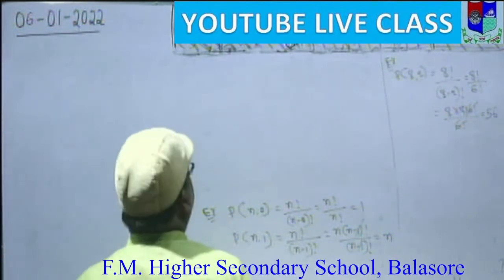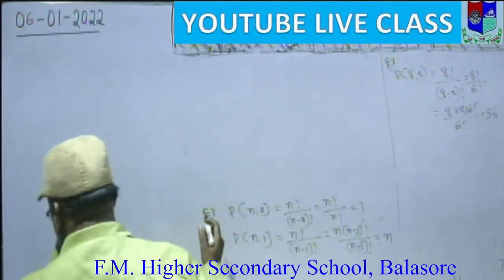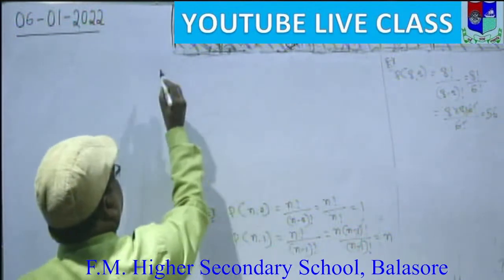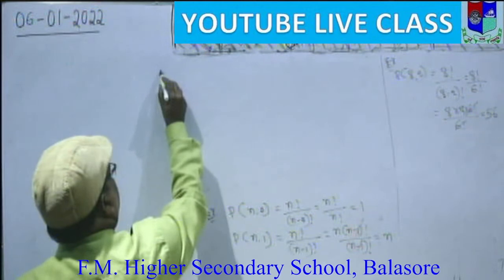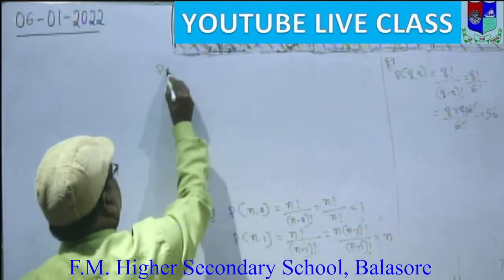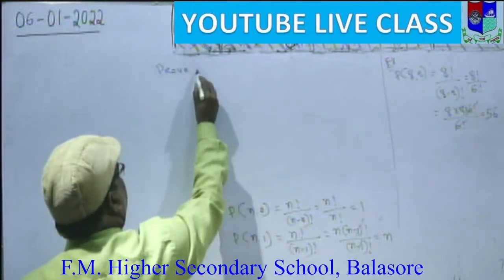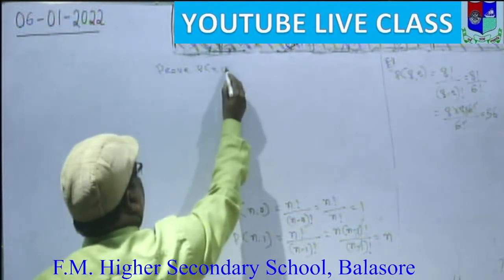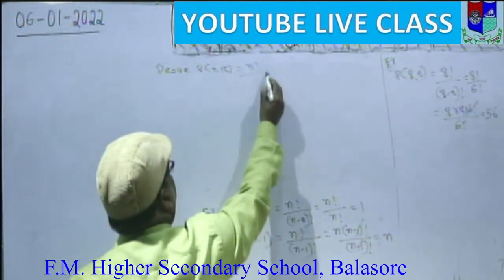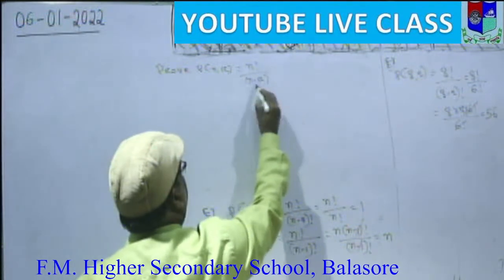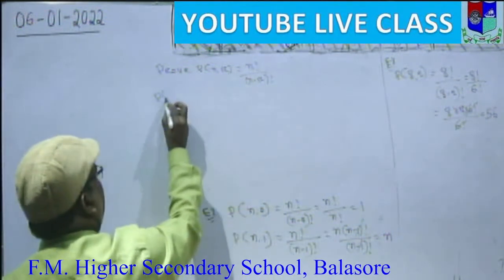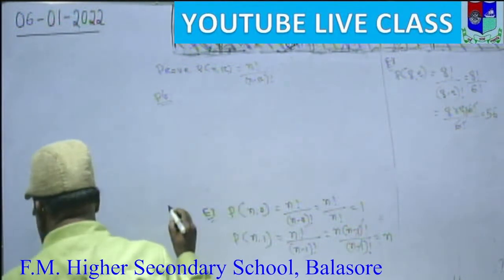How can you prove? Prove PNR equal to n factorial by n minus r factorial.